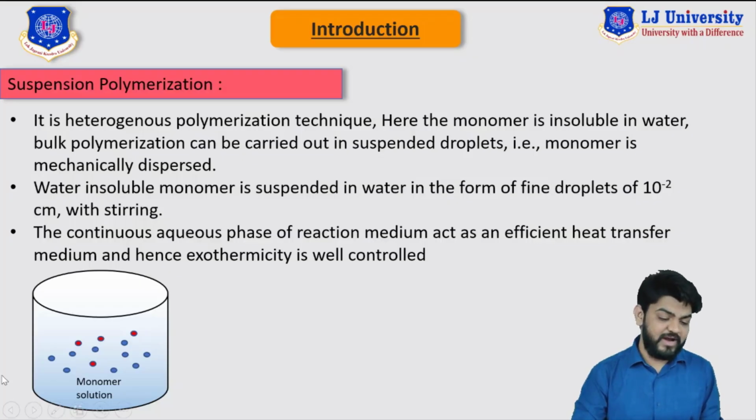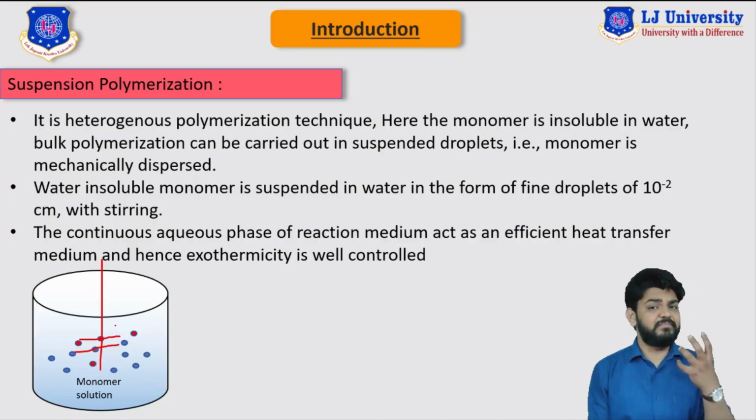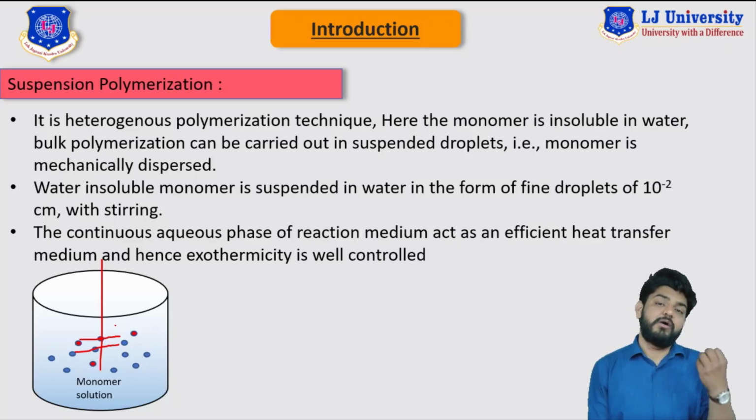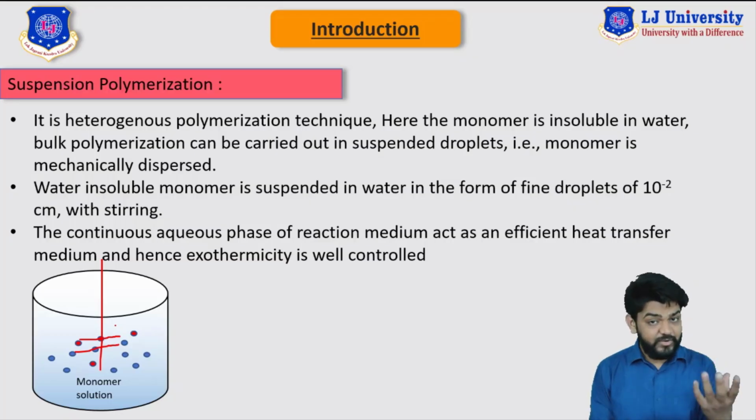I will provide one agitator, let me just take a pen, one agitator like this, and agitate this entire mixture and try to get some partially miscible system. I will try to get some monomer and initiator to get miscible or dissolved inside this solvent. You can see that we are not achieving a completely miscible system. We will try to get a partially miscible system.